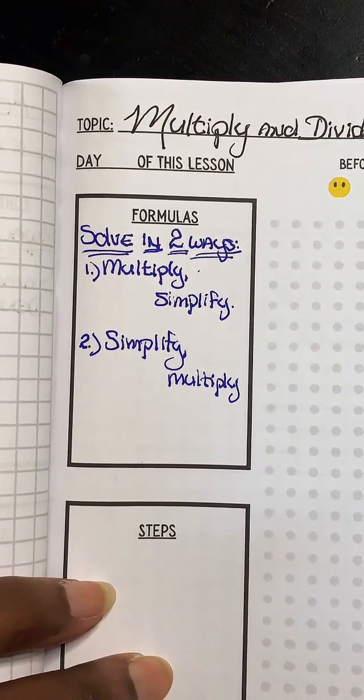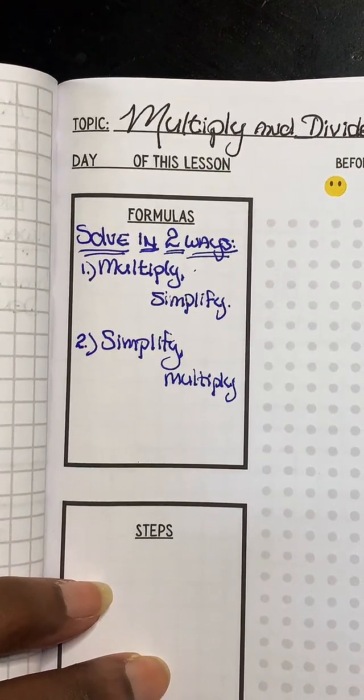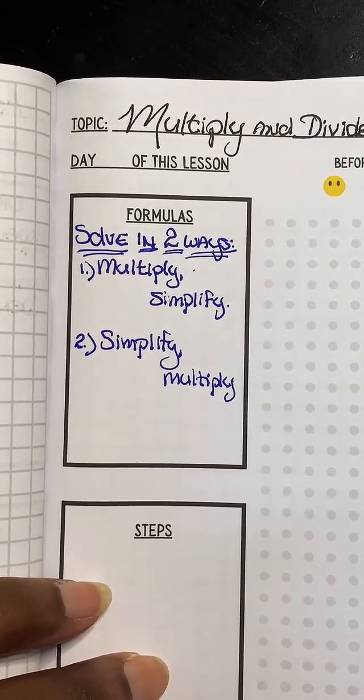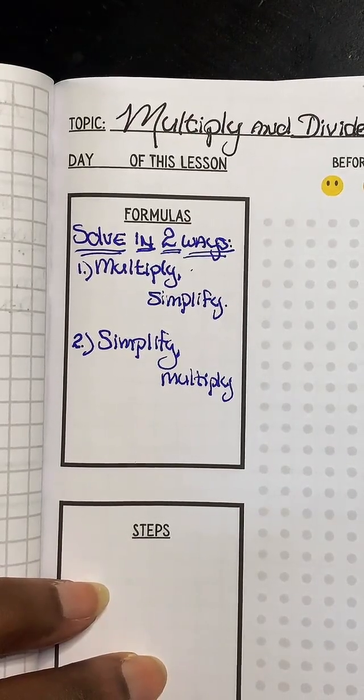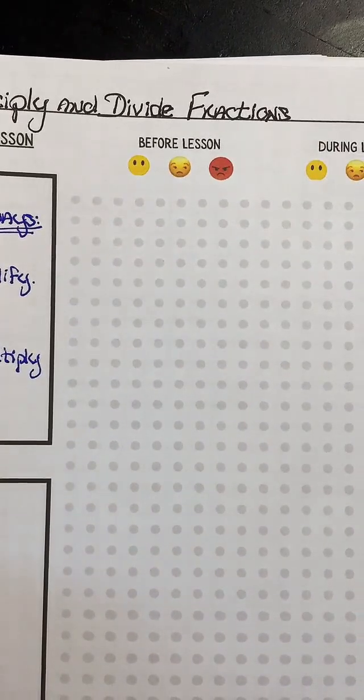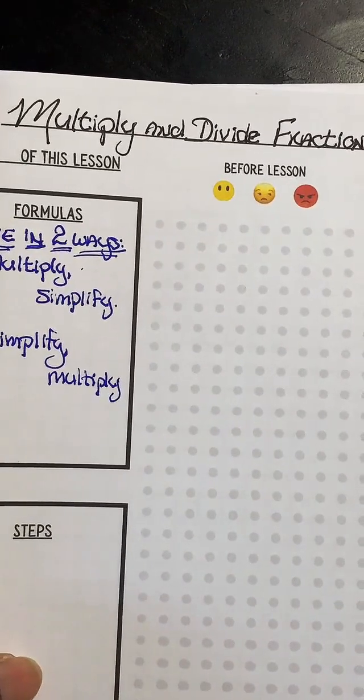Either way, you're going to get the same answer. But the main thing you really need to know: you do not, and I repeat, do not need a common denominator. That's only for addition and subtraction. So we have a little more freedom when it comes to multiplication.